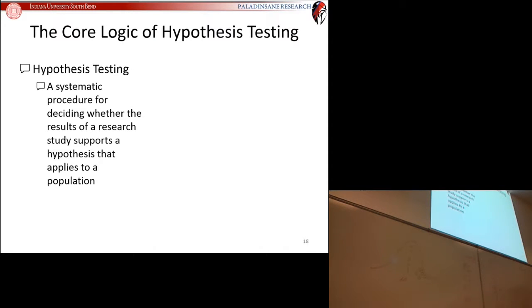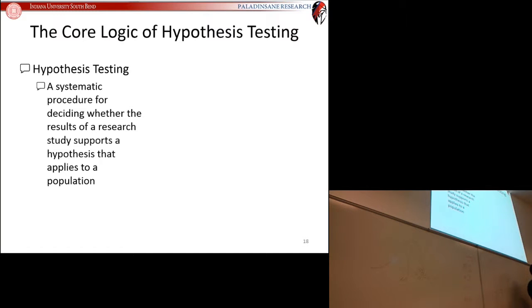All right, so the core logic of hypothesis testing. Hypothesis testing is a systematic procedure that allows us to take a look at a sample and see if it applies to a hypothesis about the population. So we might have an idea about a population, like this physical education program will work for the population. That's a hypothesis, that's an idea.